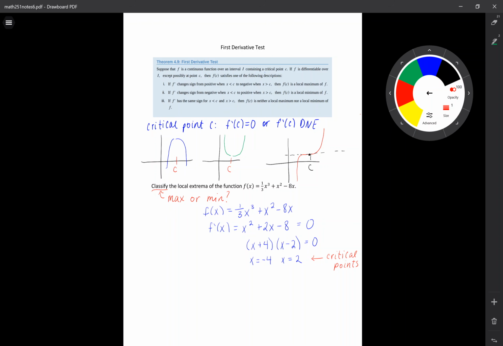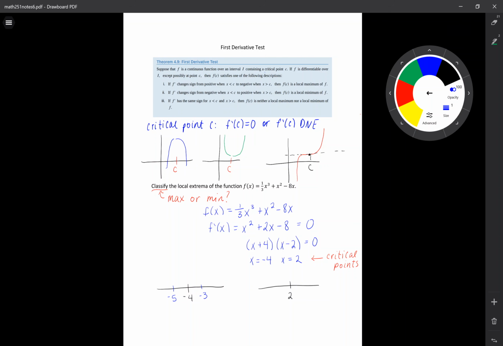So we're going to use our first derivative test here, and here is how we're going to use it. We're going to draw a number line for each one of these critical points. So here is negative 4, and then we're going to draw another one for 2. And basically, I want to see what the derivative is doing on either side of these critical points. So I'm going to pick a number, any number I would like, on each side of these points. I'm going to pick -5 and -3 here.